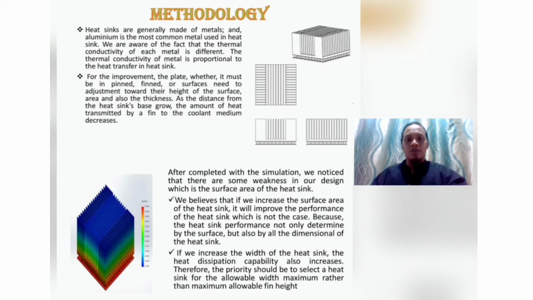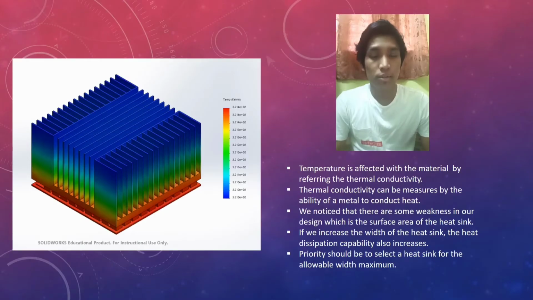If we increase the width of the heatsink, the heat dissipation capability also increases. Therefore, the priority should be to select a heatsink for the maximum allowed width rather than the maximum allowed fin height.